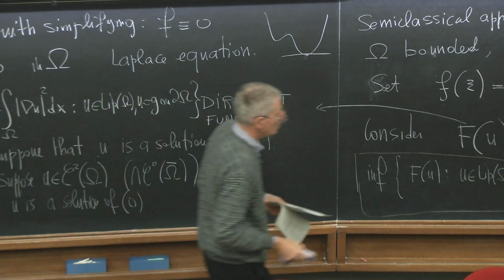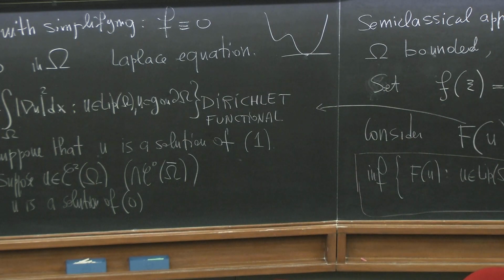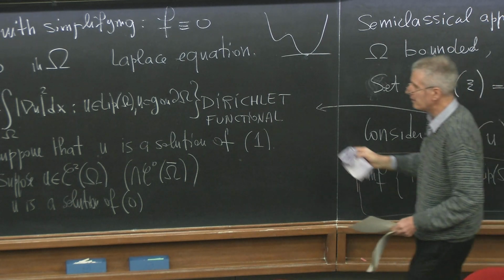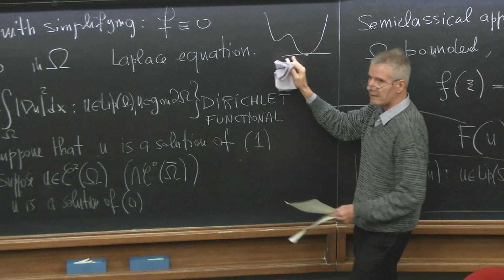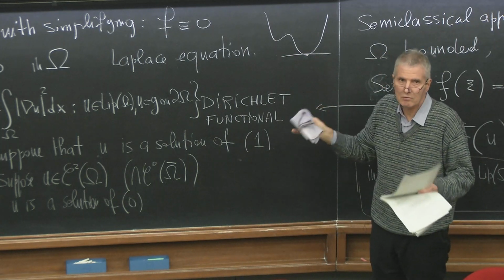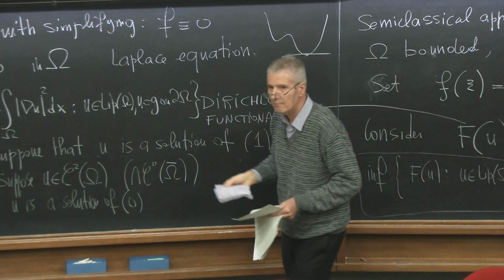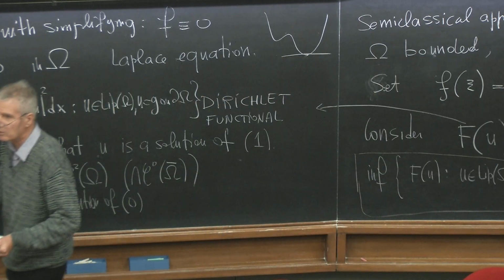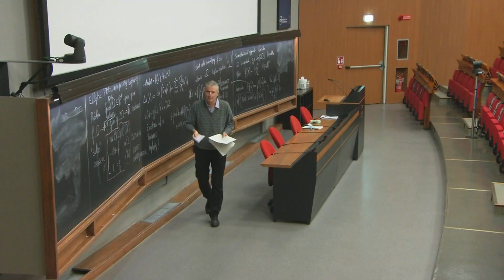So we are supposing that there exists a minimizer, and we want to say that this minimizer must have, in quotation marks, gradient equal to 0. Gradient of what? Gradient of the energy. But the energy is defined on a space of functions, so it's not clear what the gradient is.